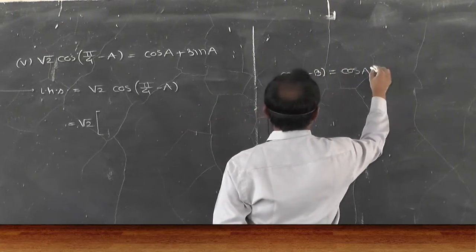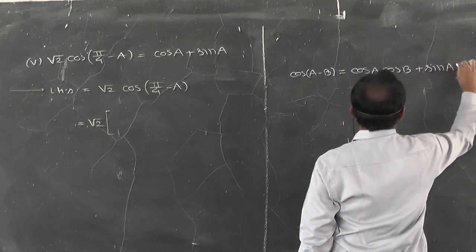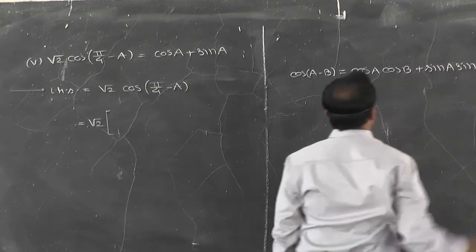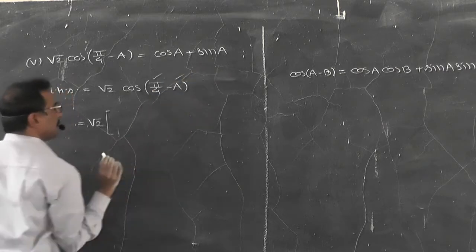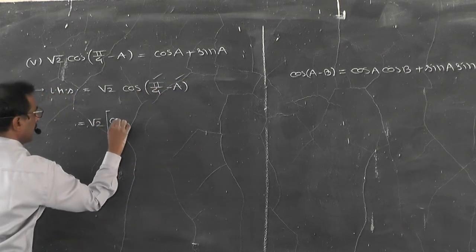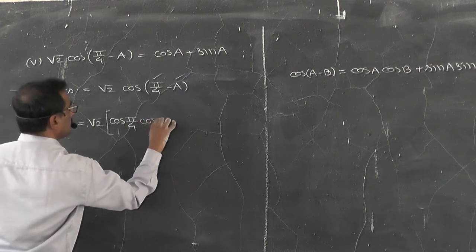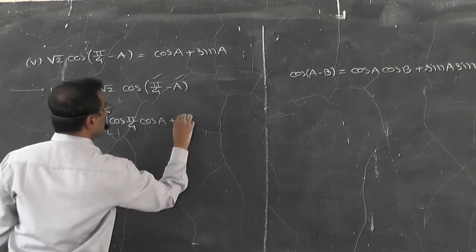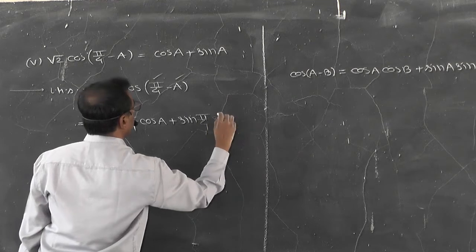I think this is cos A into cos B plus sin A into sin B. Now here it is A and this is here B. So by using that formula we will write like this: cos of pi by 4 into cos A plus sin of pi by 4 into sin A.